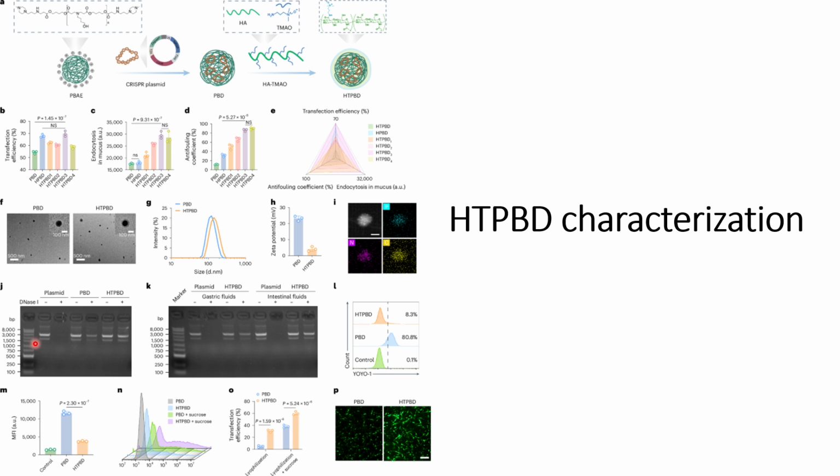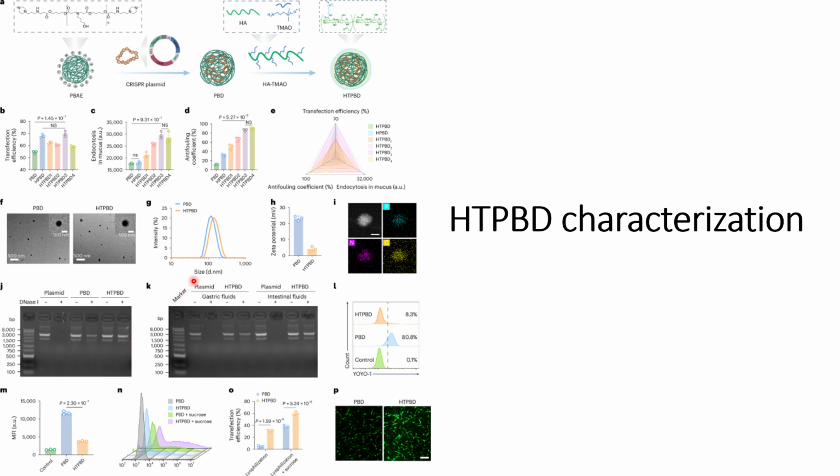For the plasmid we can see that there is no presence of the plasmid when it is treated with DNase, and PBD has a low presence, but HTPBDs almost have a negligible effect from this DNase1.